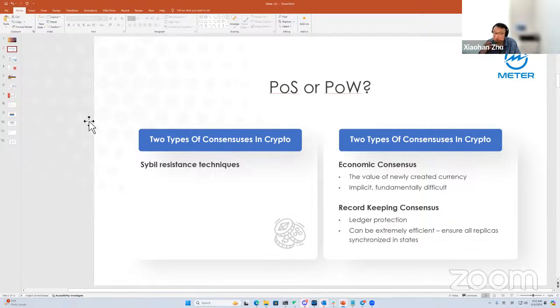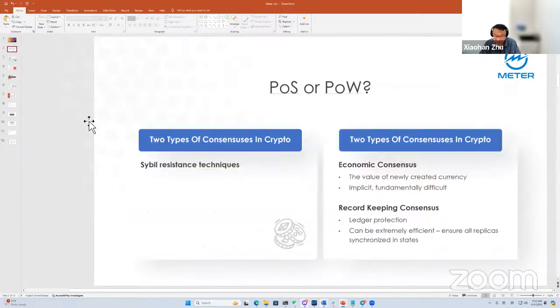This is why Ethereum moved from proof of work to proof of stake, because proof of work is economic consensus. There's no finality for the blockchain. Everything is probabilistic. But proof of stake is a deterministic algorithm, so you can achieve determinism through proof of stake and, for example, Ethereum's Casper FFG. So this can be done more efficiently.